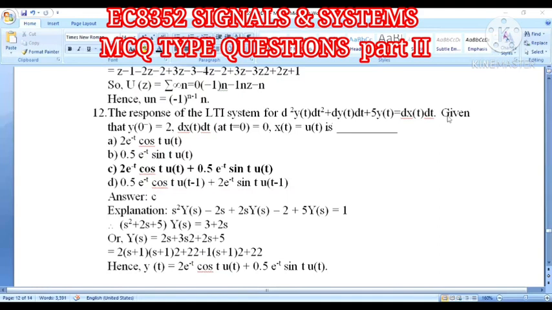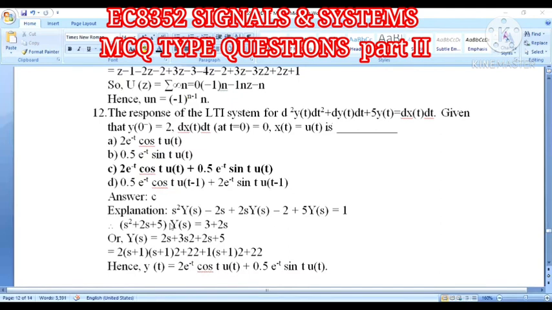You just apply the Laplace transform of this equation. Okay, d square y of t, when you apply the Laplace transform, becomes s square into y of s minus the initial terms, plus 2s into y of s. Then plus the second term, 5 into y of s, equal to, here differentiation is 1.